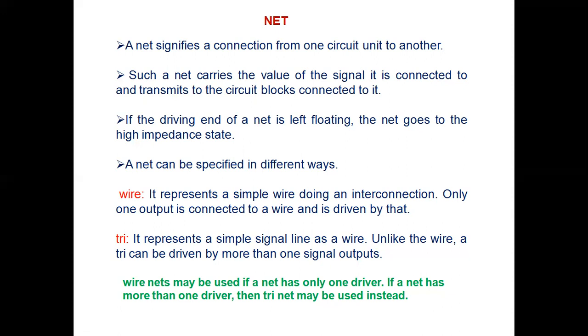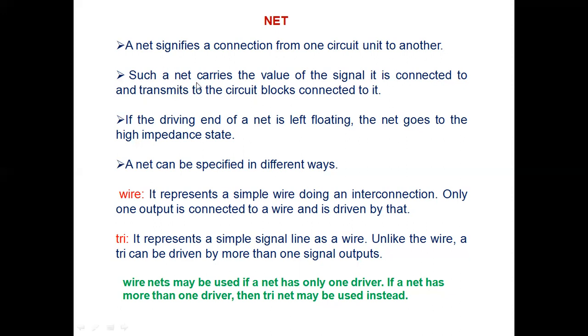The output of the first NOT gate is connected to the input of the second NOT gate using a net or wire. Then what is the signal value on that net or wire? It depends upon the output of the first NOT gate. Whatever output we get at the first NOT gate will travel on the net or wire connected to the second NOT gate.